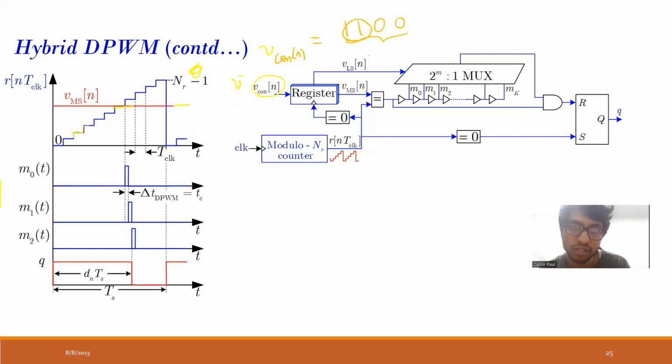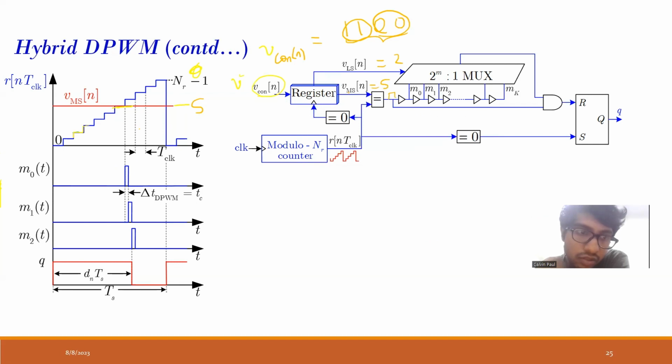This is VMS[n] and this is VLS[n]. Let us assume VLS[n] is equal to 2 and VMS[n] is equal to 5. So when this counter reaches the value 5, it will give command 1. It will go high.